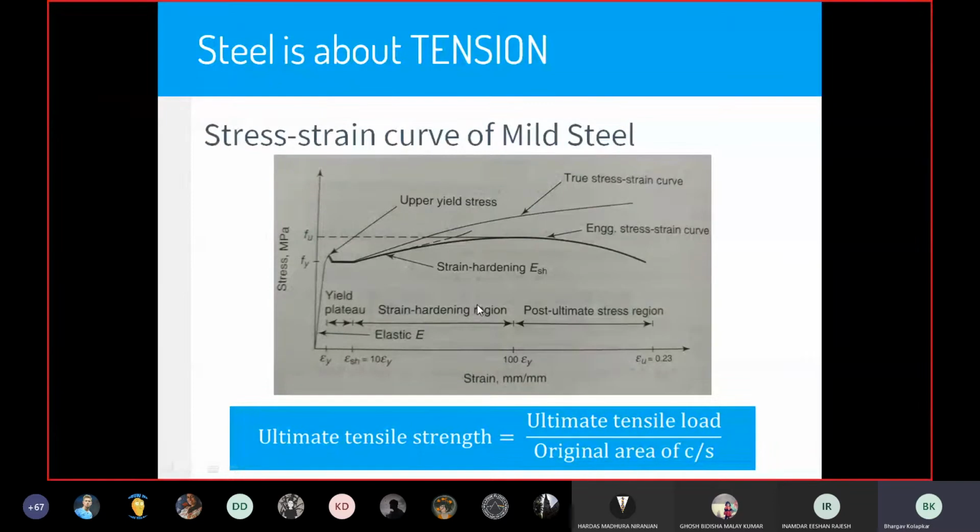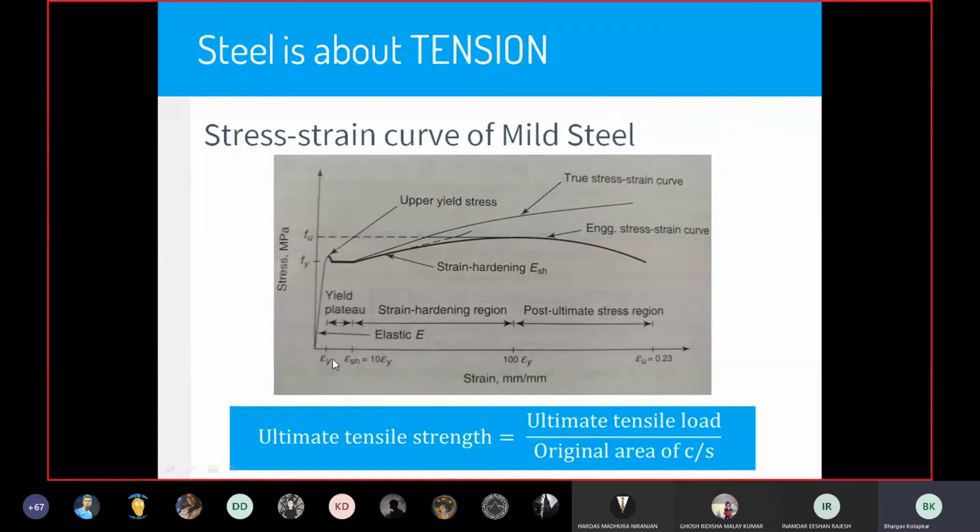The region in which it offers some resistance after the yield plateau is called the strain hardening region. The strain at the beginning of this curve is called the strain hardening strain, epsilon sh, which is the strain corresponding to the strain hardening. Epsilon sh is about 10 times epsilon y.